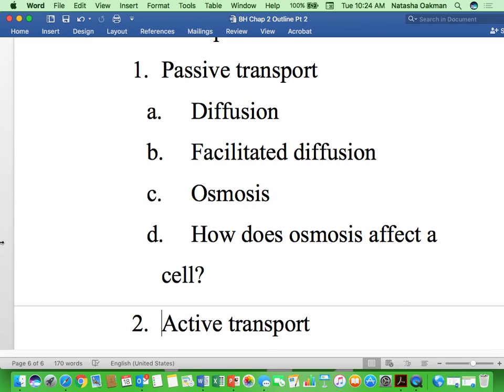Active transport requires additional energy, because this time we're moving from an area of lesser concentration to an area of greater concentration. So we're moving against the concentration gradient. We're going from lesser concentration to greater.